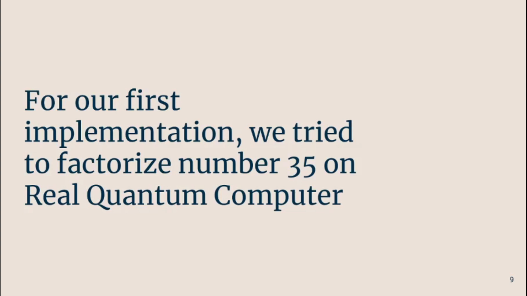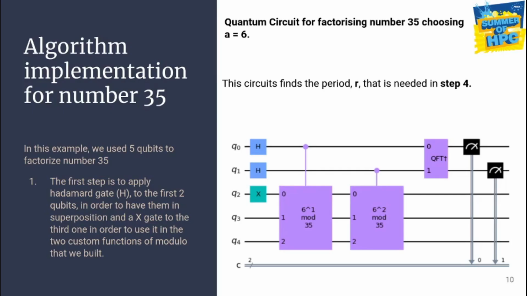So, for our first implementation, we tried to factorize the number 35 on a real quantum computer. In this slide, we see the description of the algorithm using a equals 6. The first step is to apply the Hadamard gate to the first two qubits in order to have them in superposition state, and a NOT gate to the third one in order to use it in the two custom functions that we built.